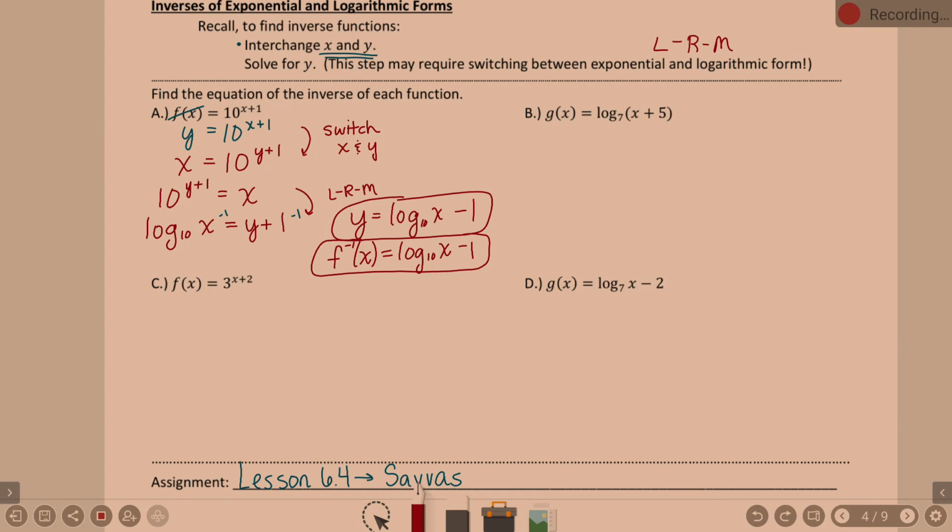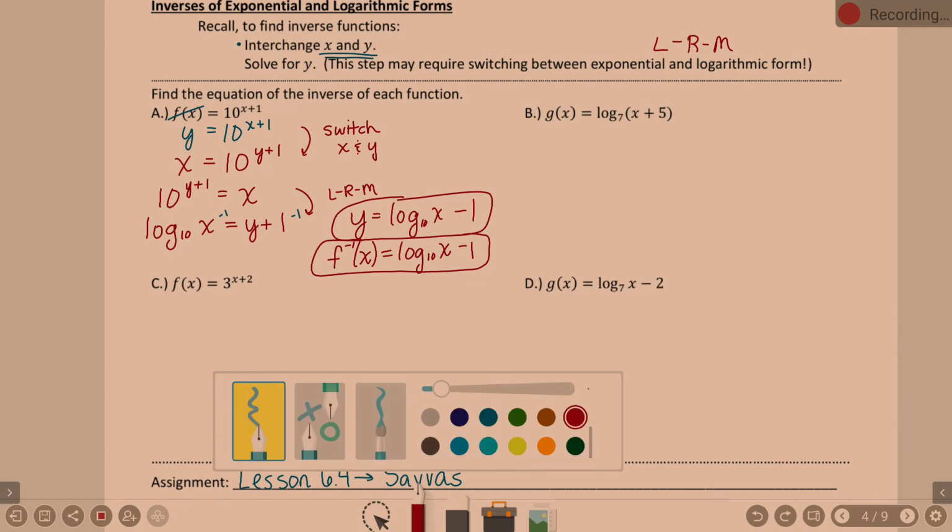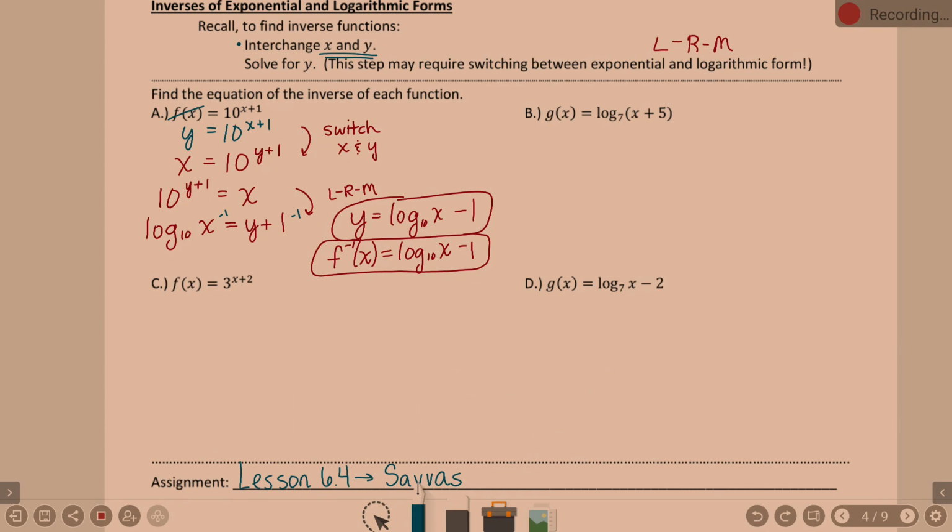Okay, so if we look at B, g of x equals log base 7 of x plus 5. I know g of x is the same as saying y. Take x and y and flip.